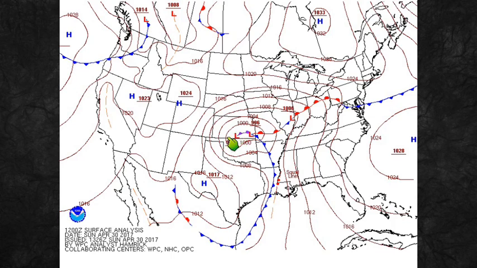Every time I cross a contour, it's 4 millibars. So if I start at 1,000, then I hit 1,004, 1,008, 1,012, 1,016. So where the contours are close together, the pressure is changing very rapidly from one place to another.